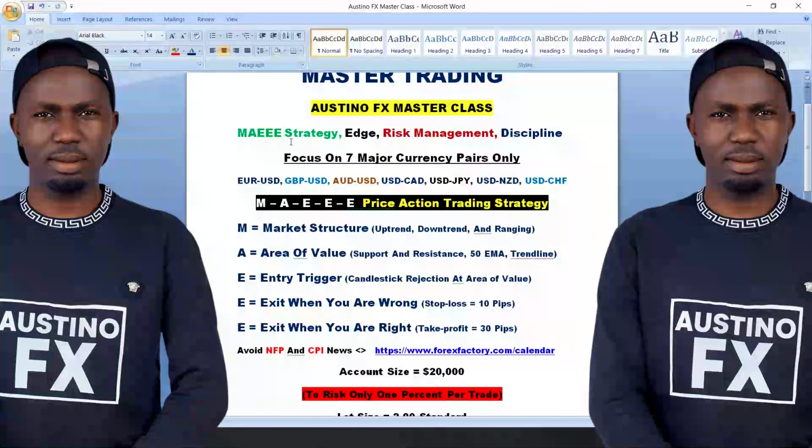So what is the MAEE strategy? So this is it. The MAEE trading strategy is used by price action traders to trade the forex market. This is a trading strategy on its own. So once you master it, you don't need any other strategy because this is the strategy that professional price action traders use to trade the forex market.